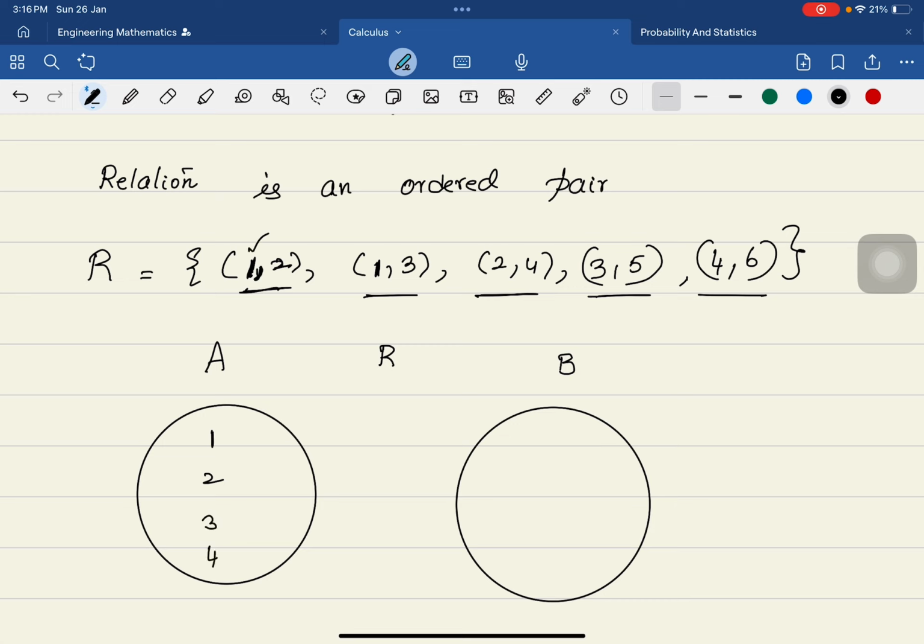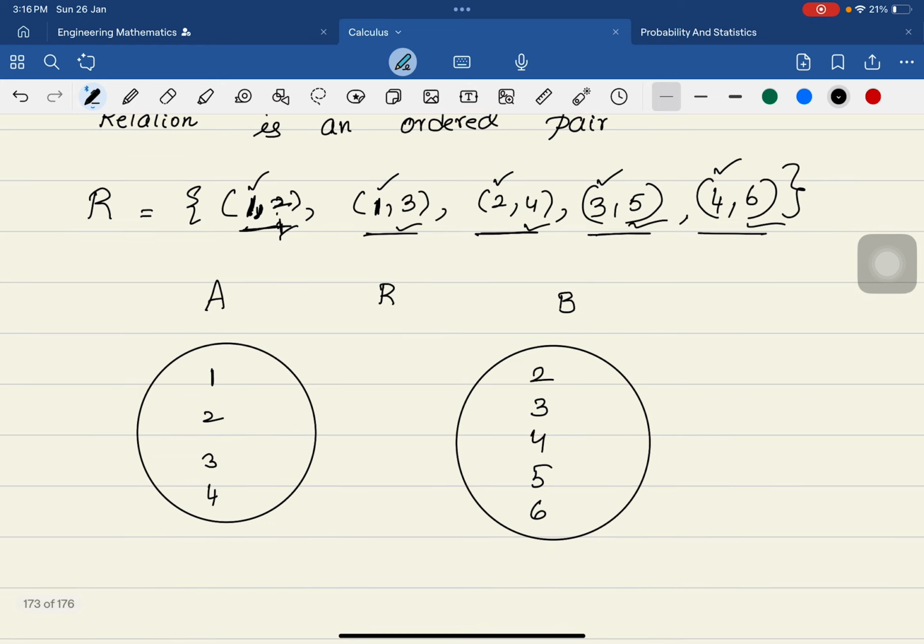These are the elements in A, the first set. And the elements in the second set B are 2, 3, 4, 5, and 6. All these second elements are in the second set B.